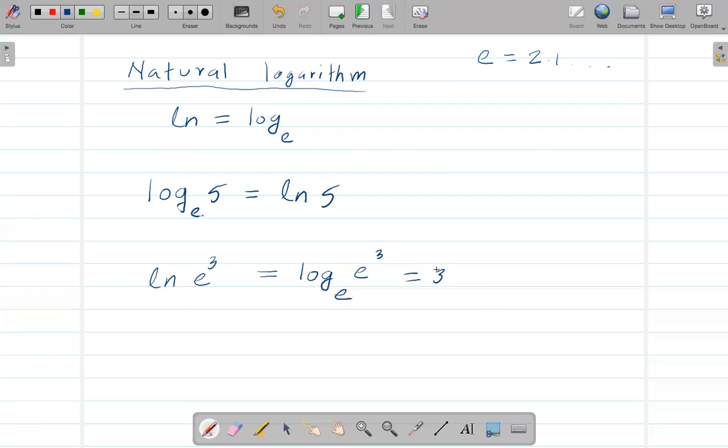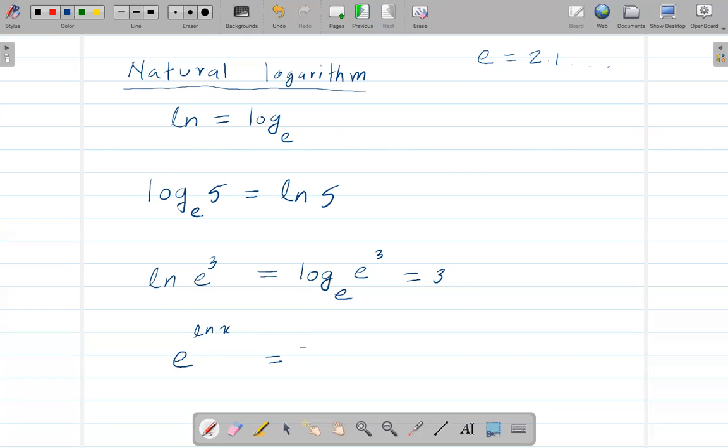One more thing. Let's say we have e to the power natural log of x. What is the value of this one? Probably you assume x, but why is it x?